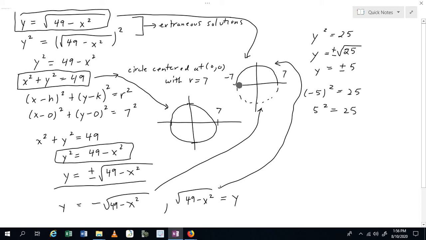And then remember, our definite integral is just going from -7 to 0. If you go back and look at the definite integral that we're trying to find, the lower limit was -7 and the upper limit was 0.